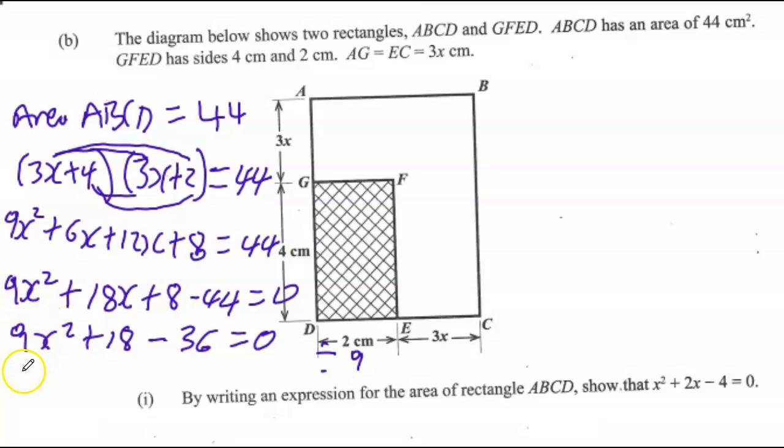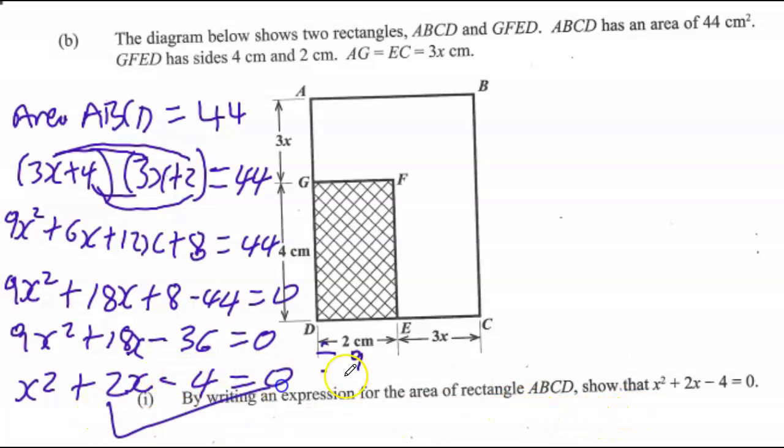This term divided by 9, we get x squared. 18x divided by 9, that's 2x. And minus 36 divided by 9, sorry, that's minus 4. So we divide each term by 9, we end up with that. And so we've shown the expression can be reduced to x squared plus 2x minus 4.